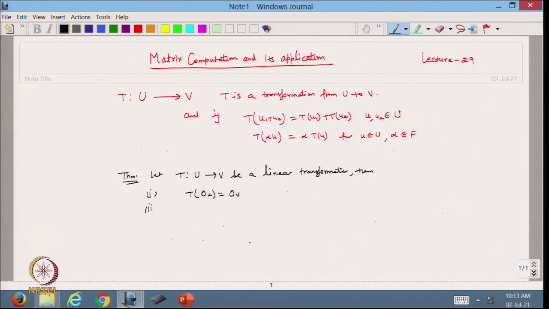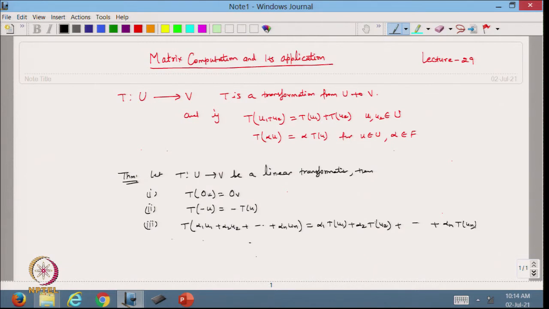The second one is T of minus U, which will be equal to minus of T of U. The third one is that if I take the transformation of a linear combination, alpha 1 U1 plus alpha 2 U2 plus up to alpha n UN, that will be equal to alpha 1 T of U1 plus alpha 2 T of U2 up to alpha n T of UN.